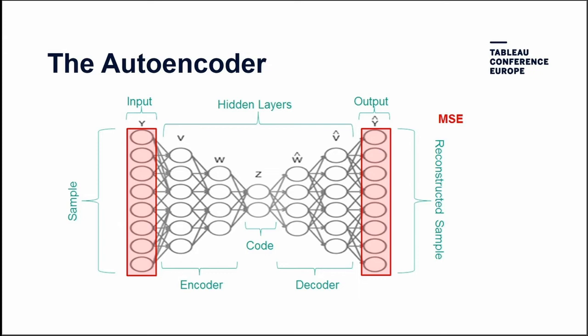Then something happens, which I will explain in a minute, and then we have the output, and then the input and the output will be compared, and the difference of the two will be this MSE error. So this is what basically happens, and now I will go a little bit more in detail.